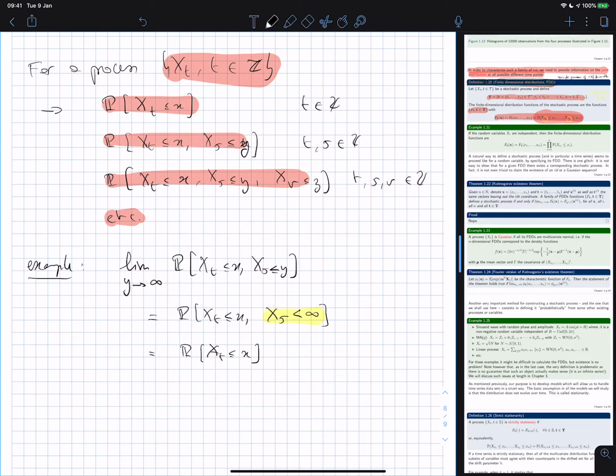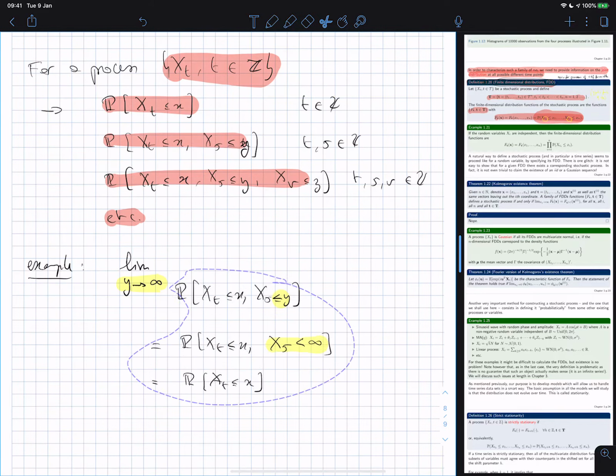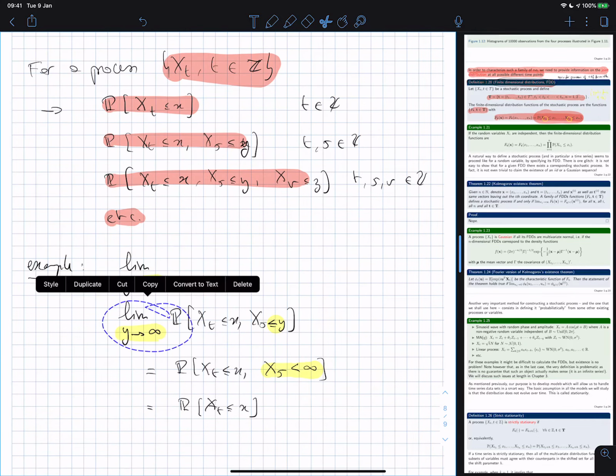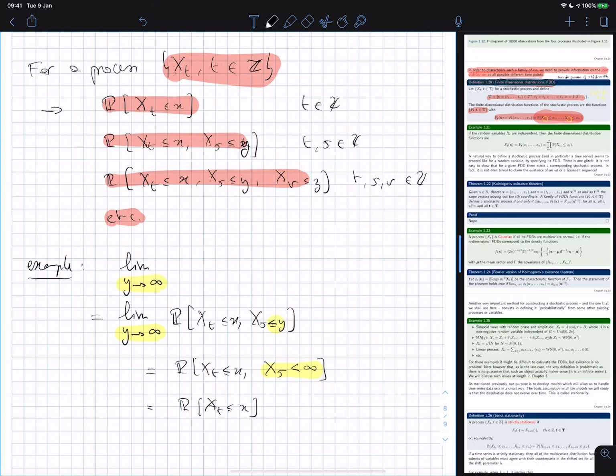In other words, the limit when I let one of the variables go to infinity of the joint function f of t s x y is itself a CDF. So that's one of the properties of these families, but there's many more.